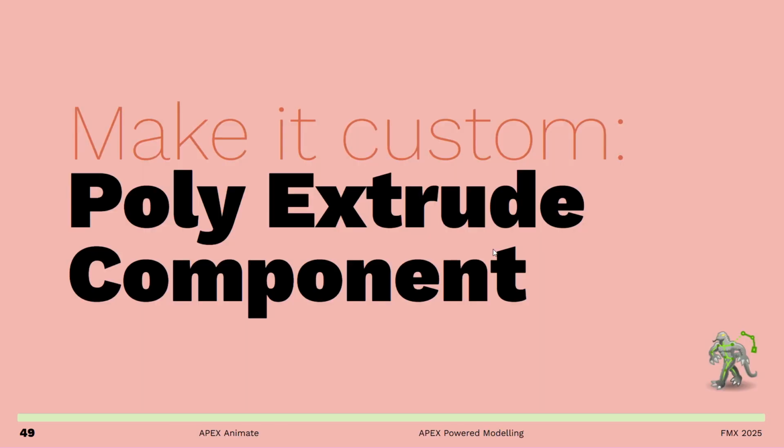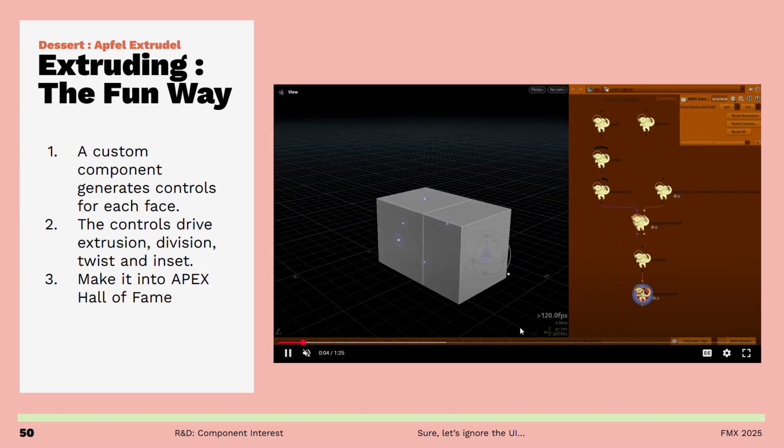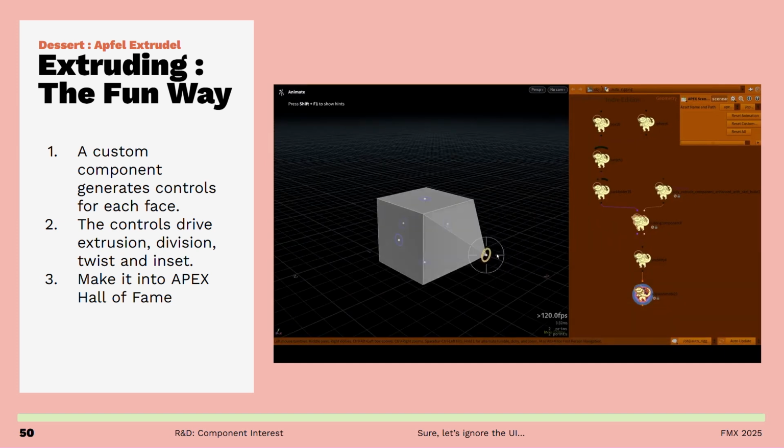So I decided to look at that and make something completely custom, because you can create all the components you want just the same way. So here is a component that, for each face, creates 2 controls, and it creates extrusion controls. This guy controls the insets, then I can extrude the face, rotate it, and as I scale the gizmo, it actually subdivides the geometry further.